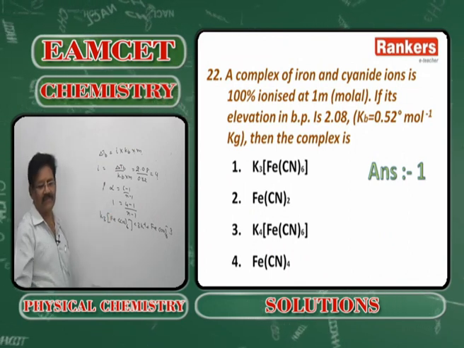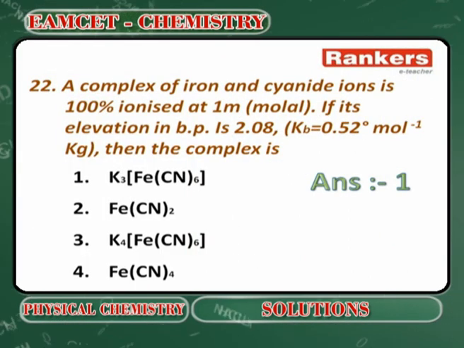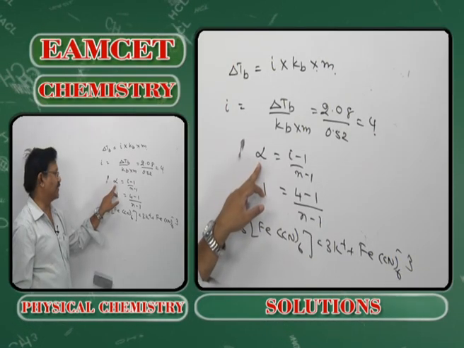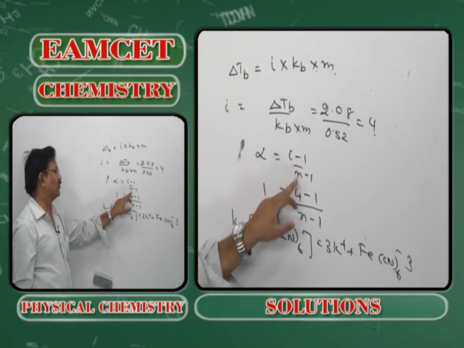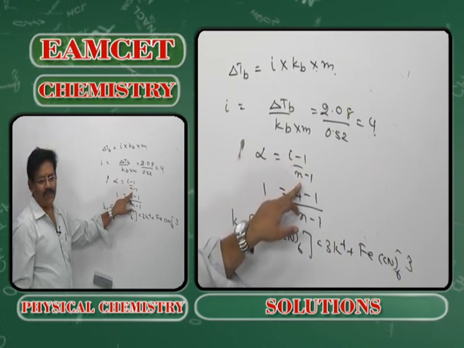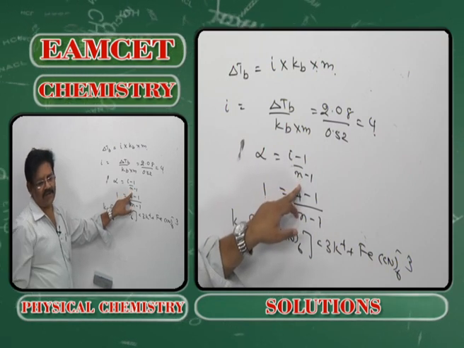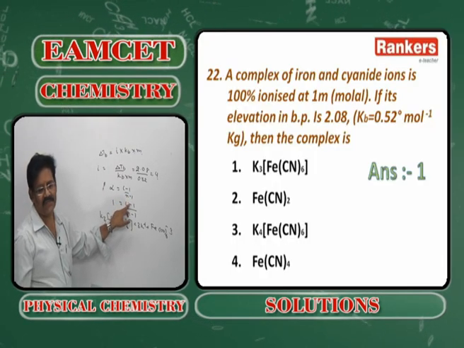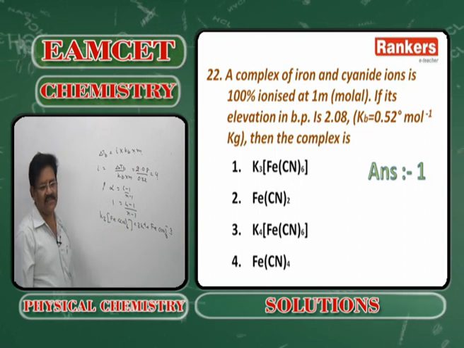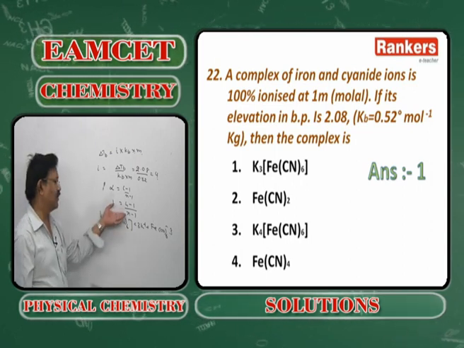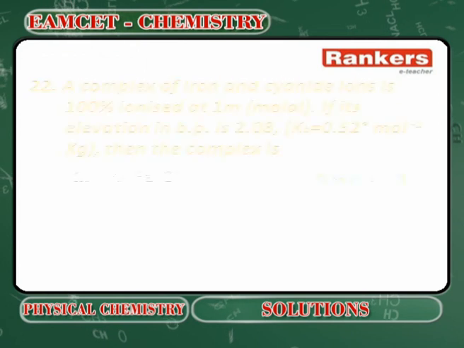So option 1 is the answer. We got the alpha value 100%, we got the i value, we don't know the n value, so n must be 4. Next question.